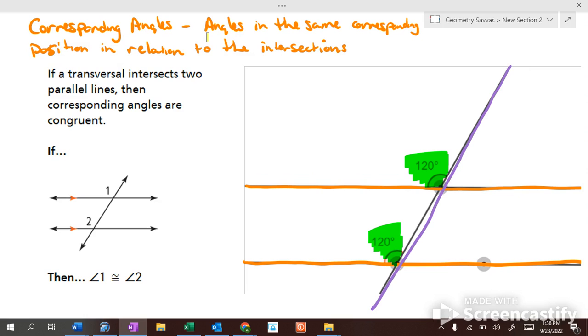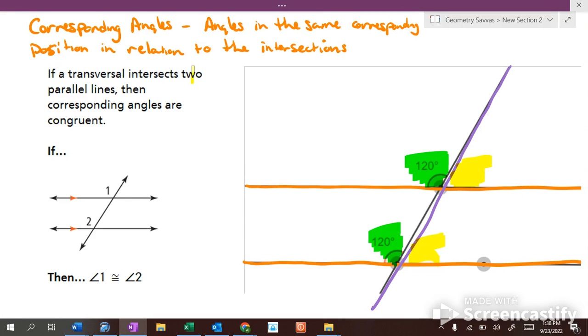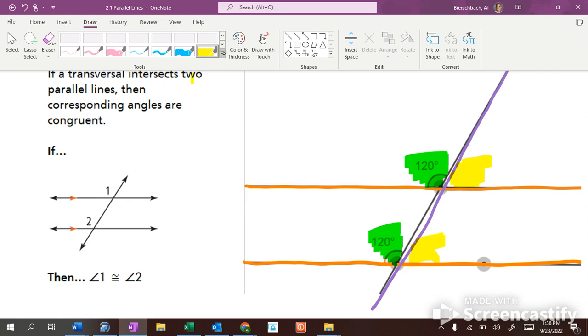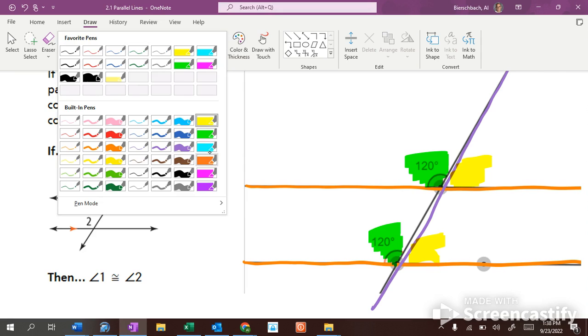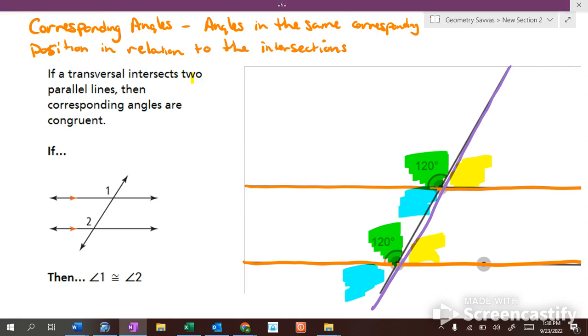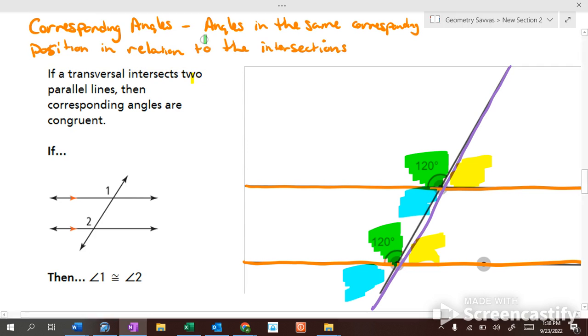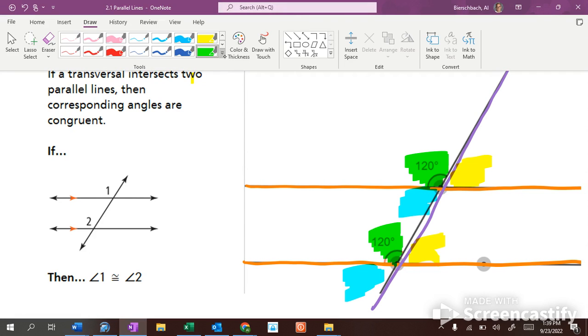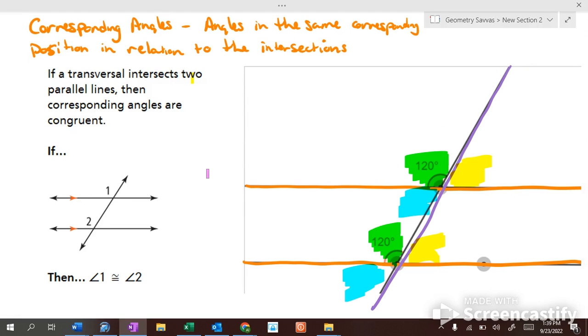They're corresponding angles. This angle corresponds with this angle. This angle corresponds with this angle. And this angle corresponds with this angle. They're all in the same corresponding positions. Do you get corresponding? Okay.